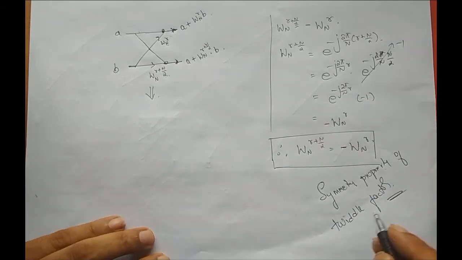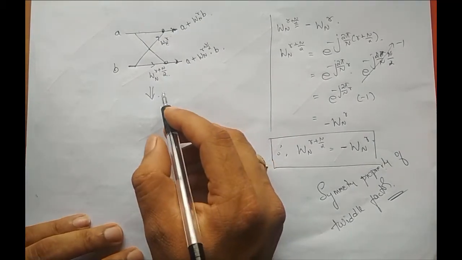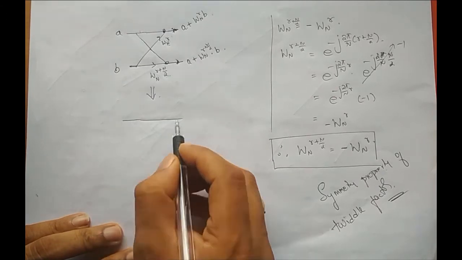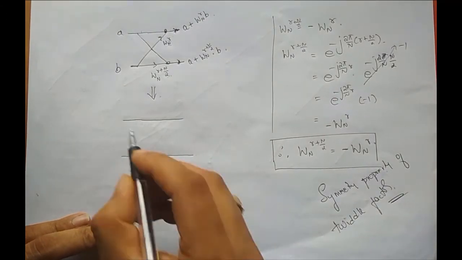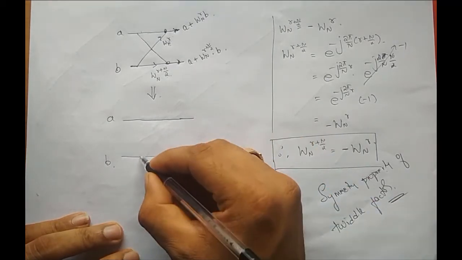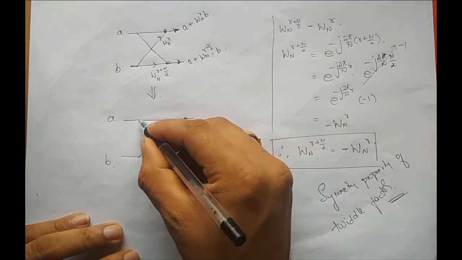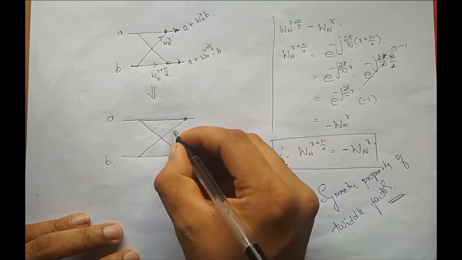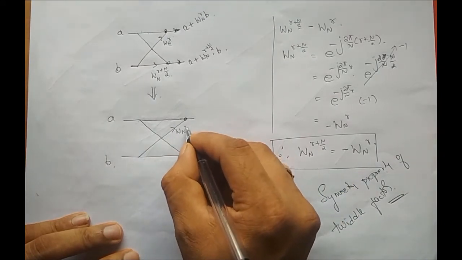Okay, using this symmetry property of twiddle factor, I can simplify this butterfly as something like this. So A, B, so I have Wn power r here.